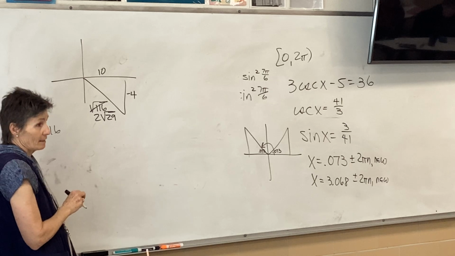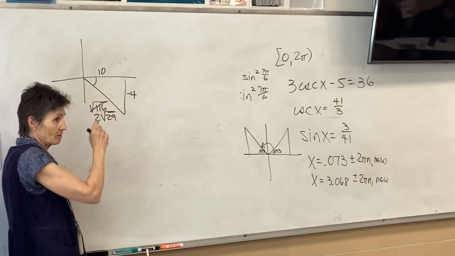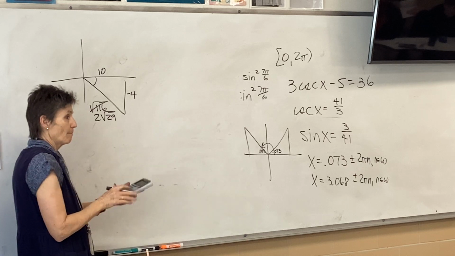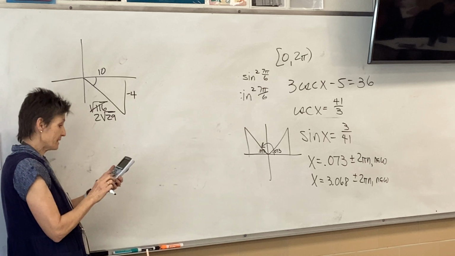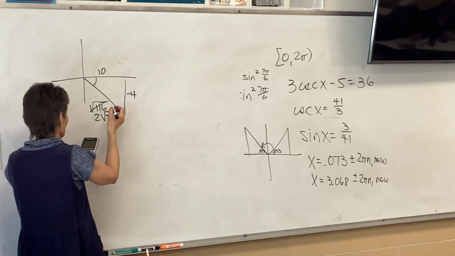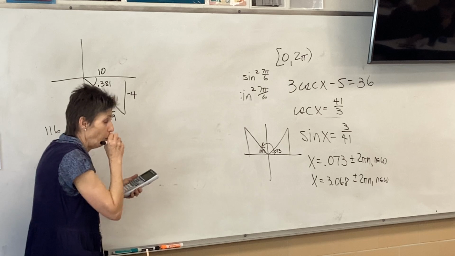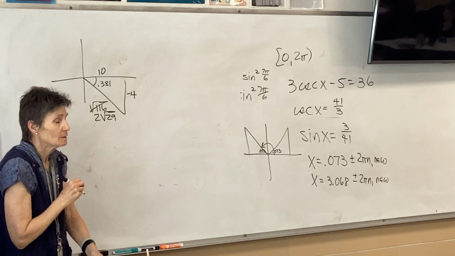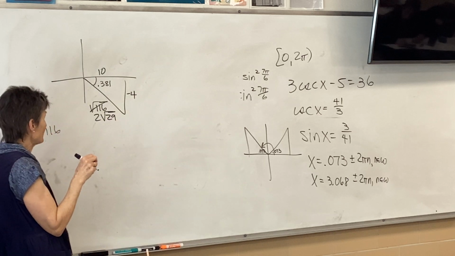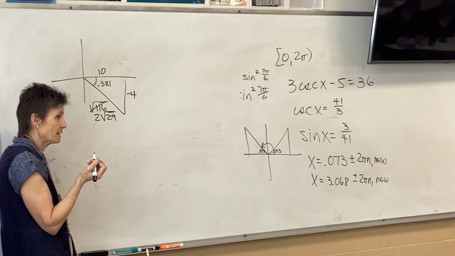Now I need theta. Can I find that angle? Can you just do like the tangent inverse, 4/10. And that angle is 0.381. Now there's no specific directions about theta in terms of positive or negative.